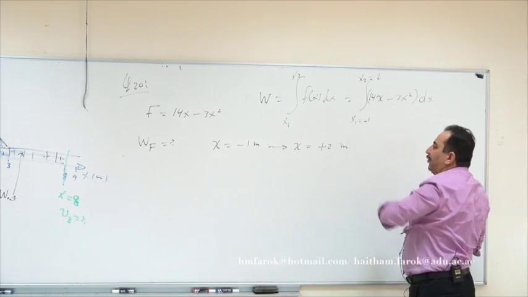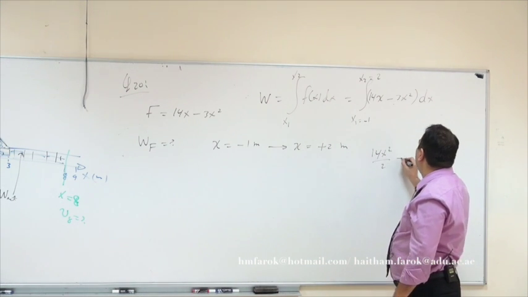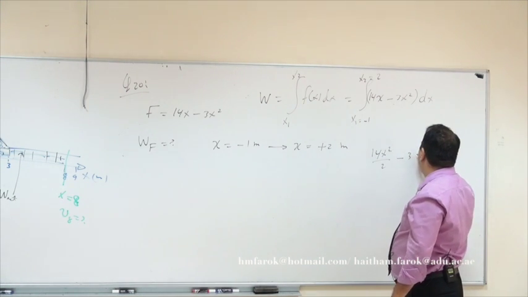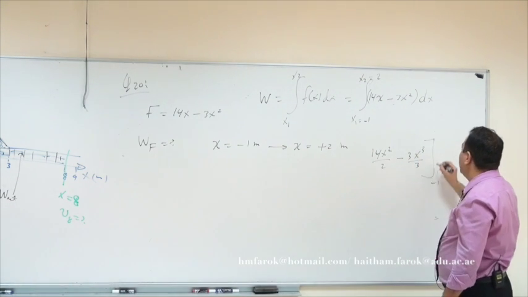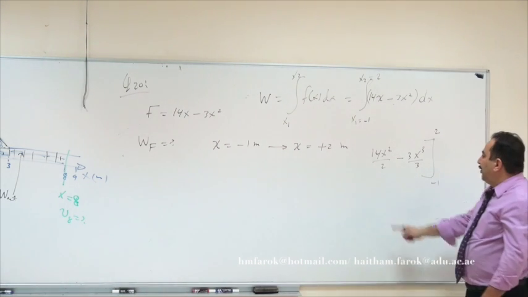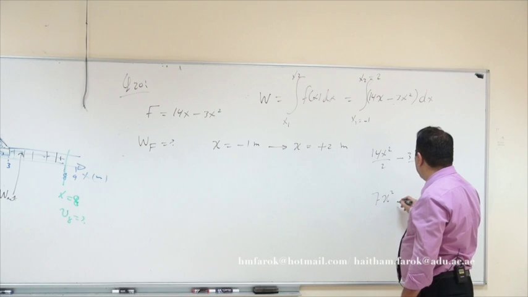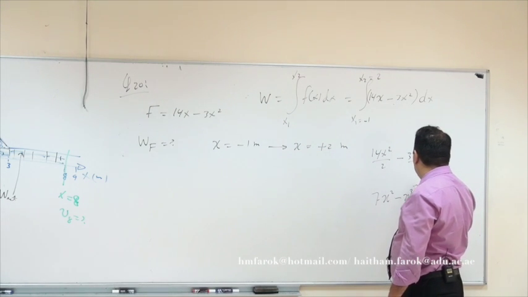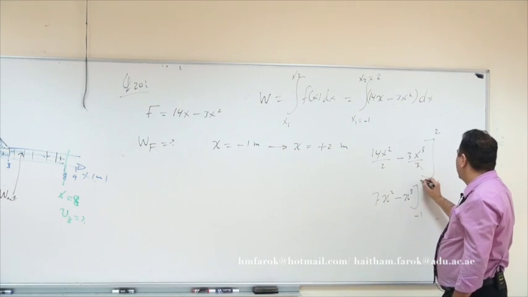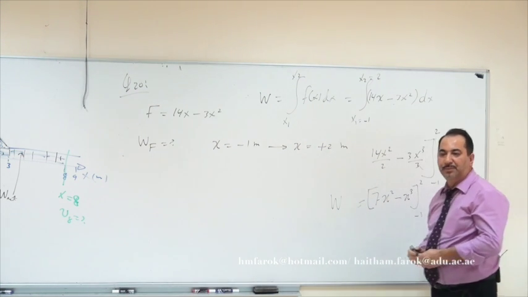What's the integration of 14x? 14x squared over 2, minus, second one, 3x cubed over 3, from minus 1 to plus 2. 14 over 2 is 7. The 3 with the 3 cancel. From minus 1 to 2. This will give you W.